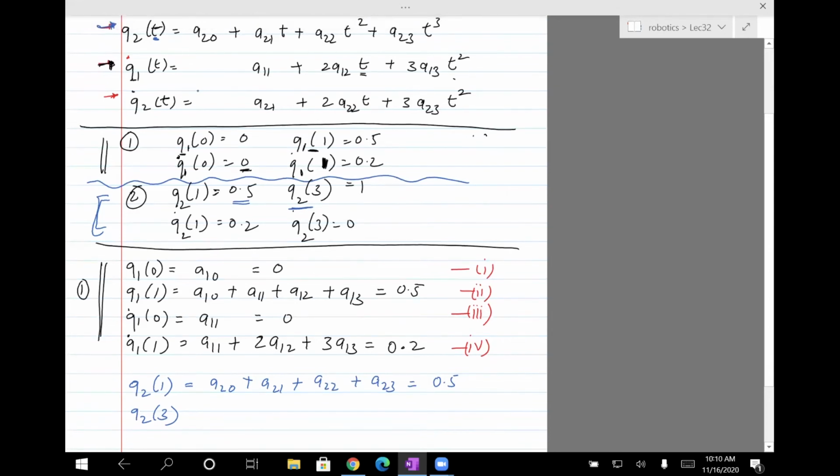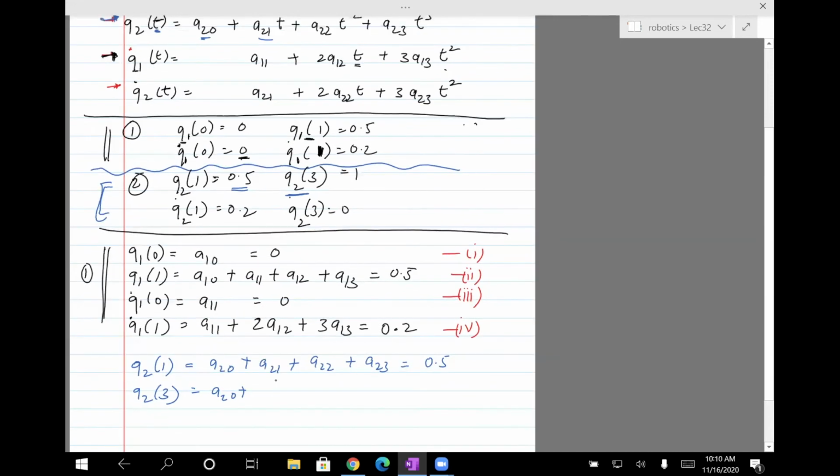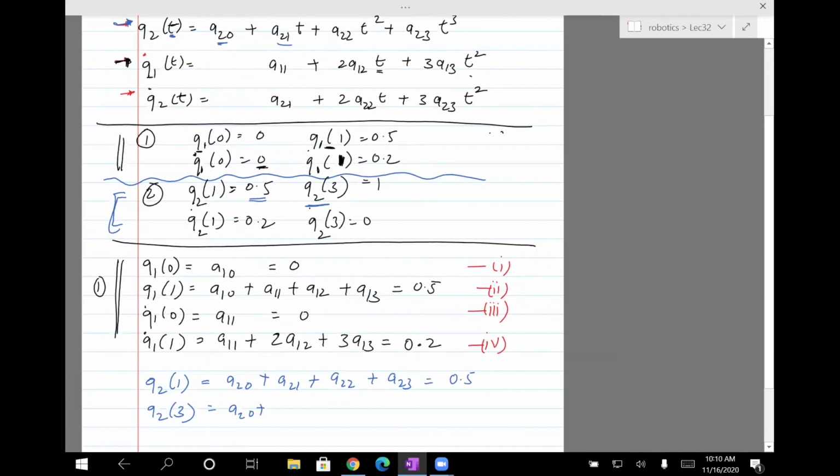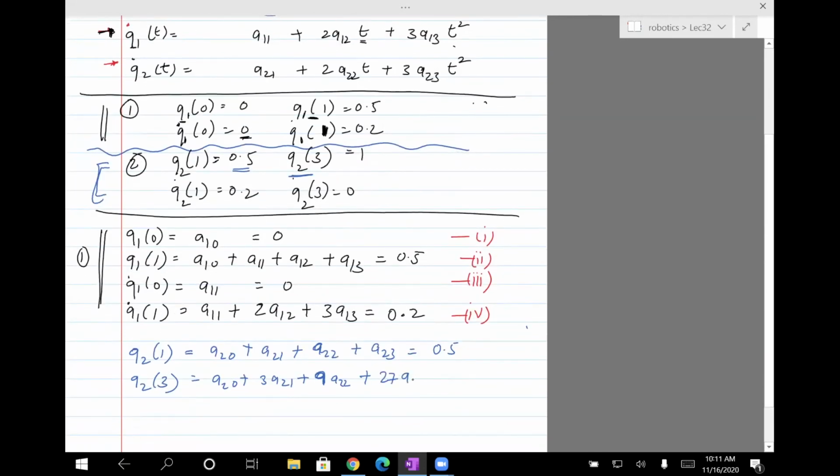Let's put t equals 3 in this expression: a20 plus 3a21 plus 9a22 plus 27a23 equals 1.